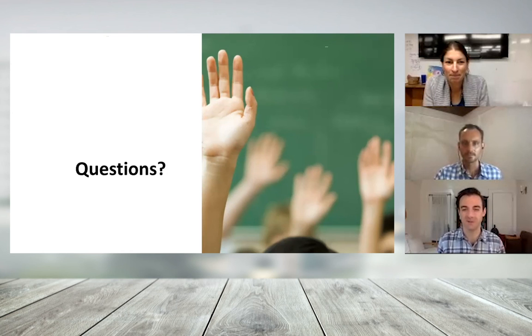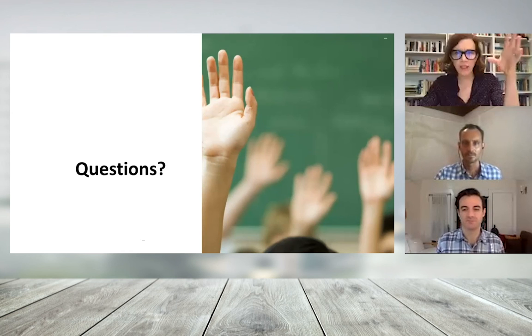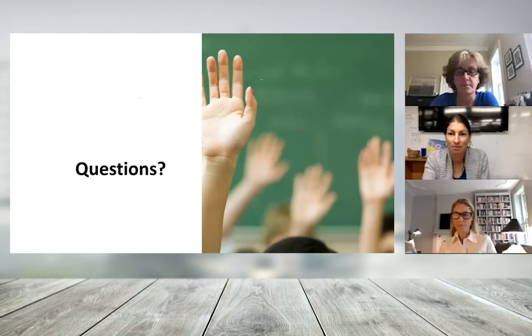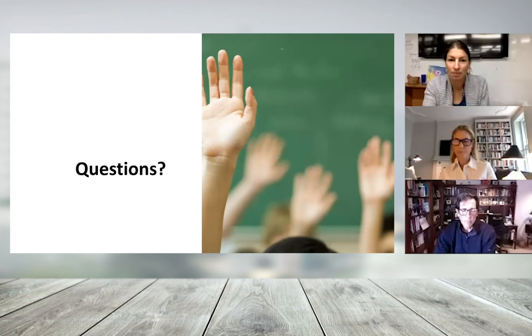I'd love to ask a question about the adults in the building. I'm a journalist and I've written a lot about social emotional learning. I've had the chance to interview a lot of school leaders and educators about this relationship work that they do. One thing that comes up over and over again is that the adults in the building need the social emotional work as much as the students do.